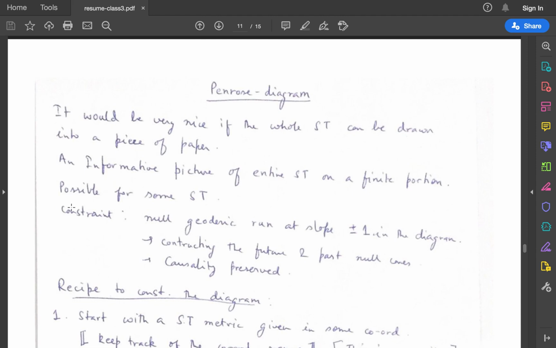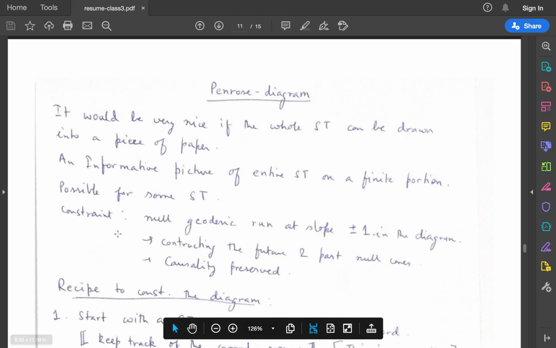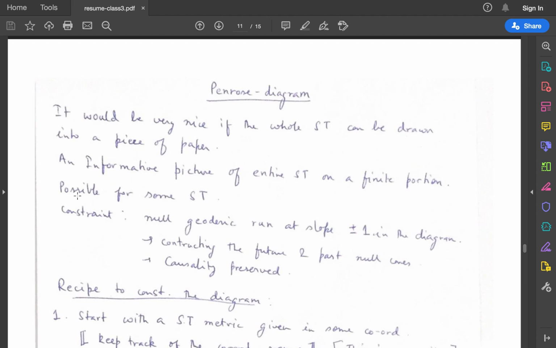Is it possible? Yes, Penrose showed that it was possible, and it was possible for some spacetimes, not all. There are some spacetimes for which we cannot do this.